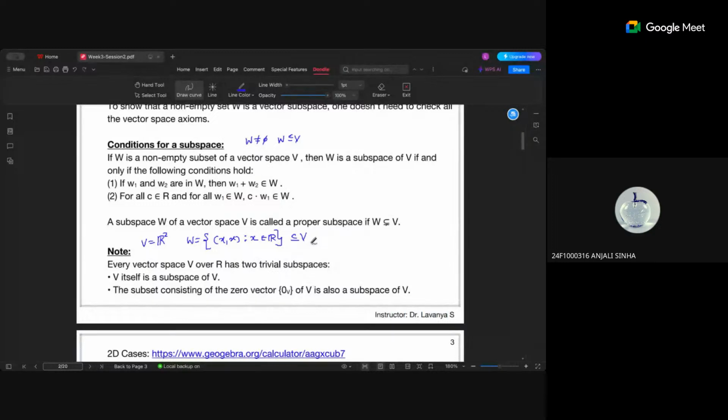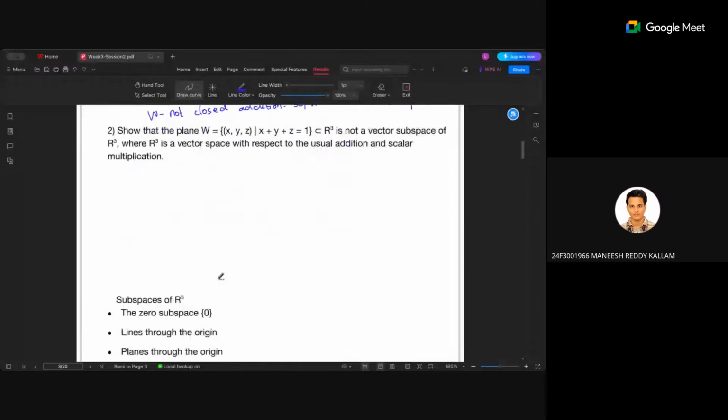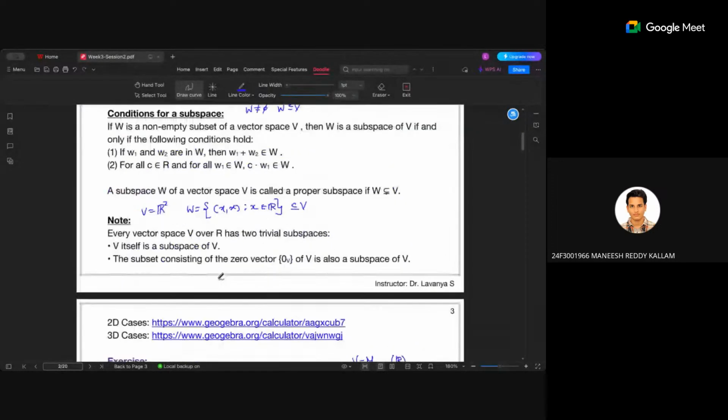Can I say, ma'am, every vector space is not a subspace and every subspace is a vector space? No, every vector space V itself is a subspace of V. Her statement was that every vector space is not a subspace, but a subspace is a vector space. But it is true in both ways.